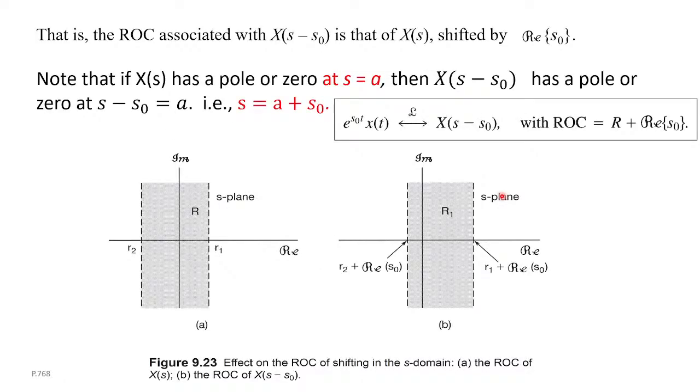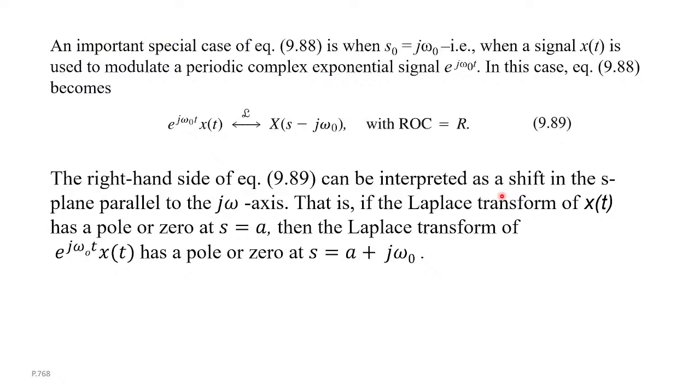Also, a special case here is where the ROC doesn't get shifted. You can go back to the Fourier transform case, where you shift with a purely imaginary value.